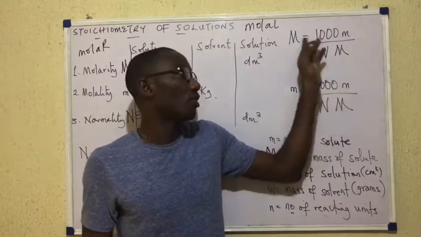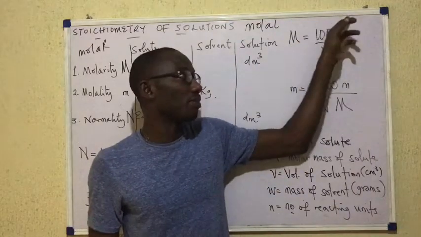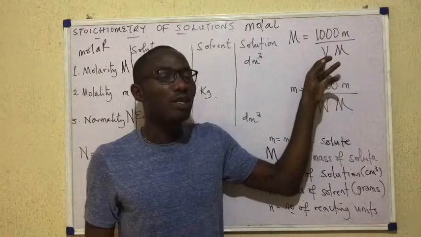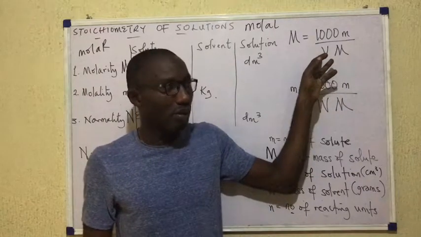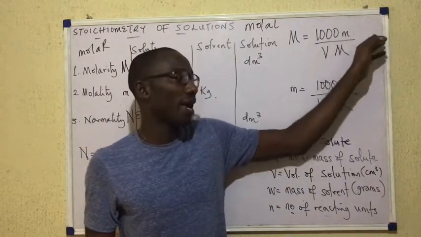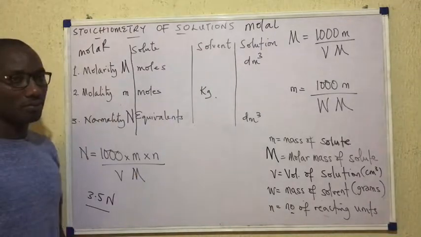It means therefore that molarity may also be written as 1000 times number of moles over volume in cm cube. But what if the volume were in dm cube? Then molarity would simply have been number of moles per dm cube, which is the definition we had at first.